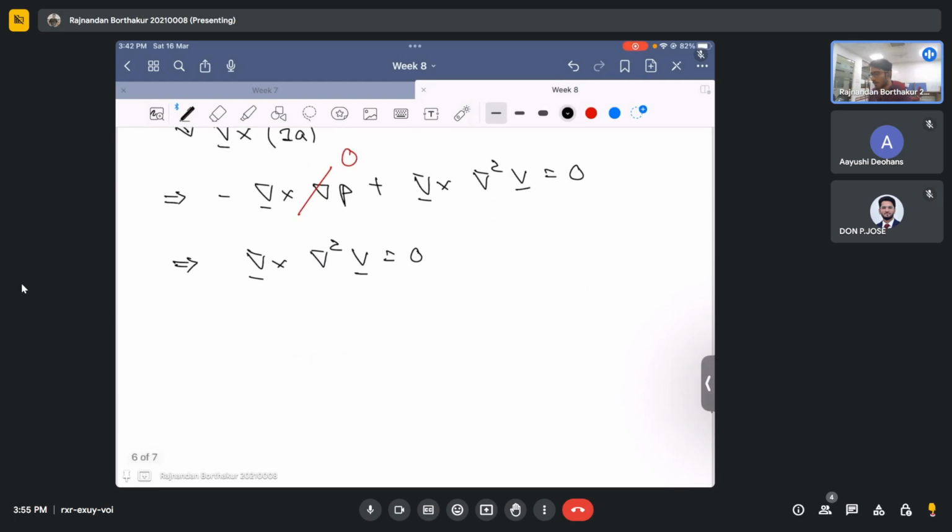Now, can you tell me how velocity is related to the stream function in vector form? I'm not asking you in component form, that u is del psi by del y and v is minus del psi by del x. That form of the stream function is obtained from a more generalized relation between the velocity field and the stream function vector.